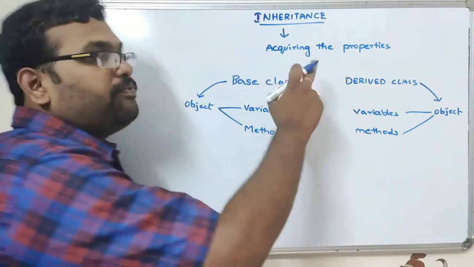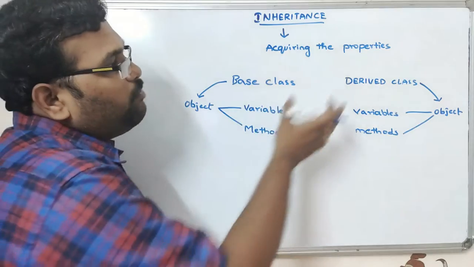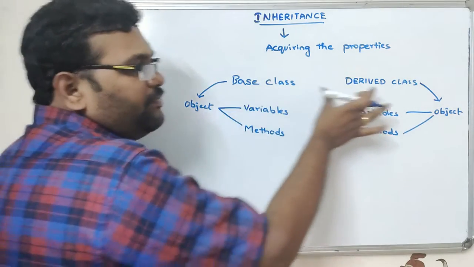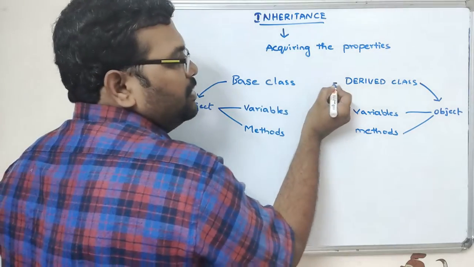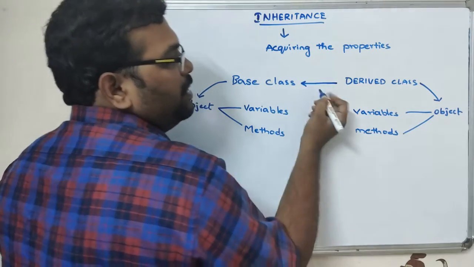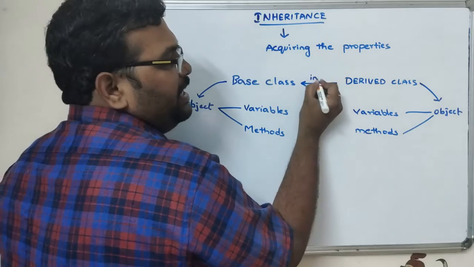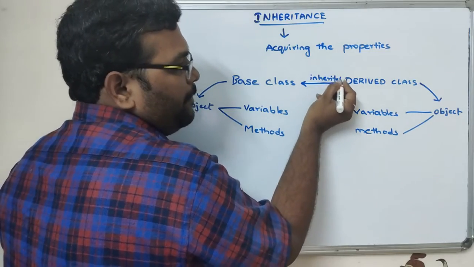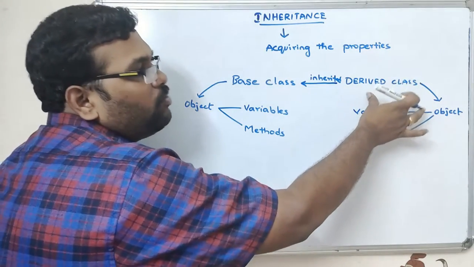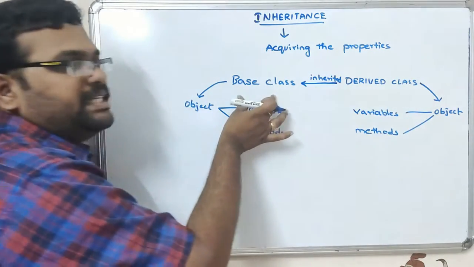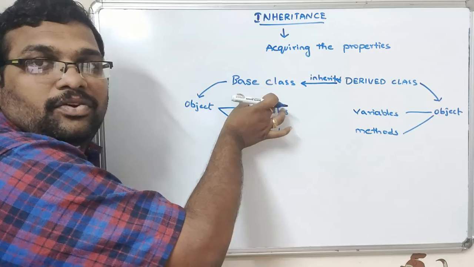So the concept of inheritance means acquiring the properties. If this class is inherited from the base class, this class can acquire the properties of the base class. Hope you understood.